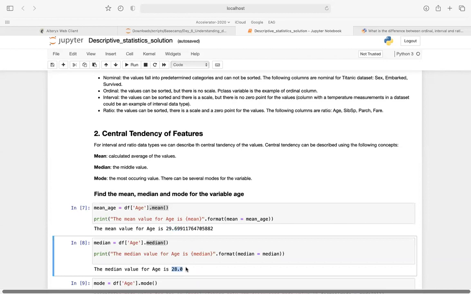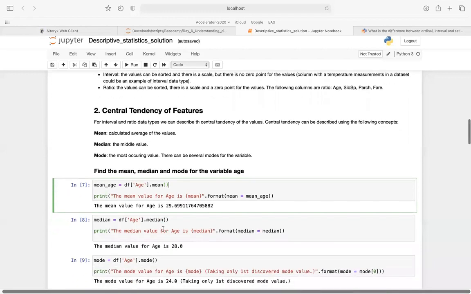The property that makes your data a normally distributed data is that your median and your mean should be close enough to each other.